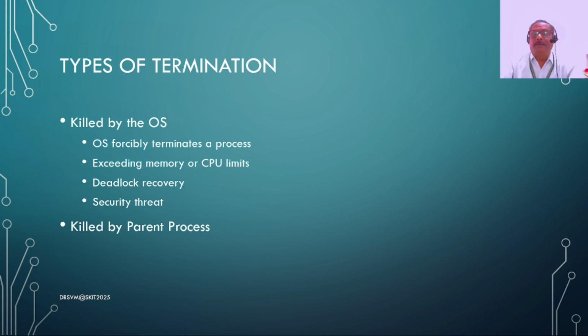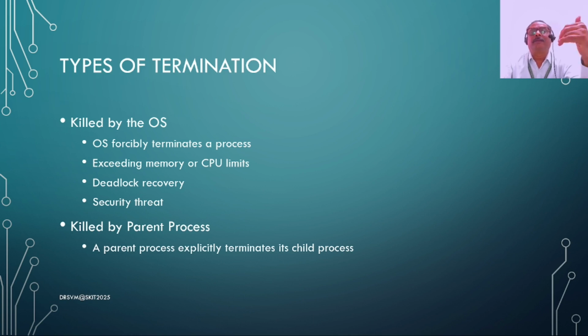Or it may also be killed by the parent process itself. The parent process may explicitly terminate its child process. Here the parent process creates a child process through a fork statement, and then it starts waiting for the child to complete, and some specific time is given for the child process to run.